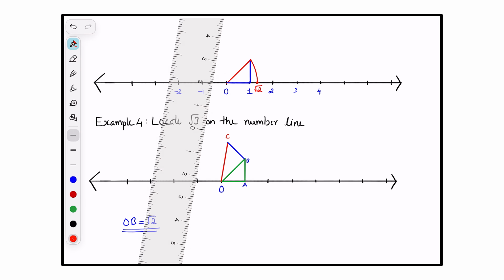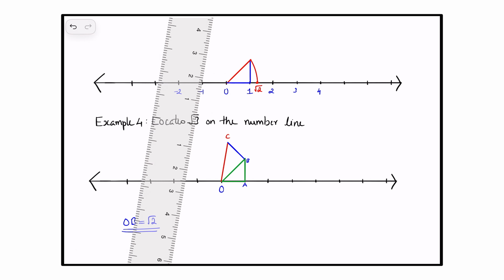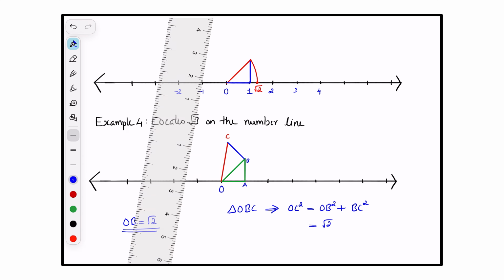Now what will be the length of OC? If I look at this particular right angle triangle, that is OBC, from triangle OBC I can write OC square is equal to OB square plus BC square. Now what is the length of OB? OB will be root 2 square plus BC is 1 unit, so 1 square.